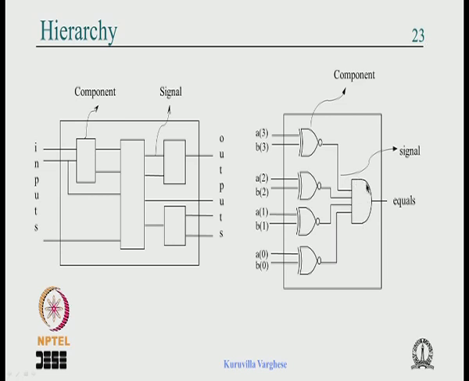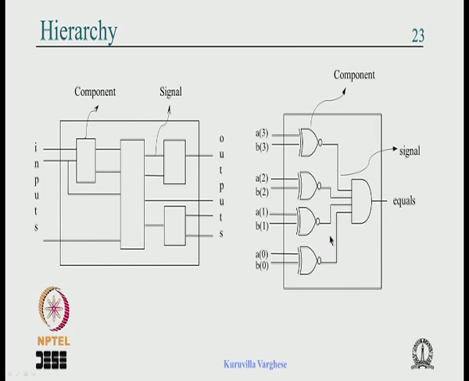And similarly the 4 input AND gate is declared once and instantiated once, but mind you, we have some signals connecting the output of the XNOR gates to the input of the AND gate. So these are internal signals, these need to be declared, okay. So we have 4 signals, this 1, 2, 3, 4 that need to be declared.